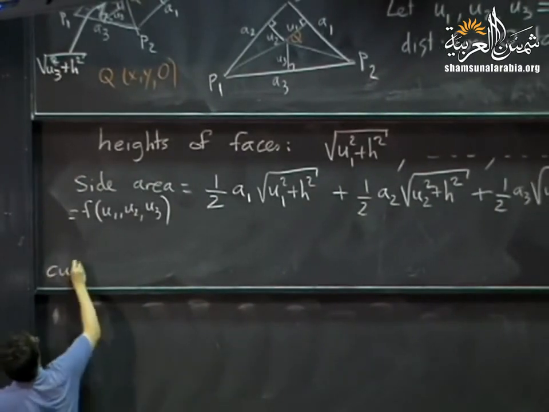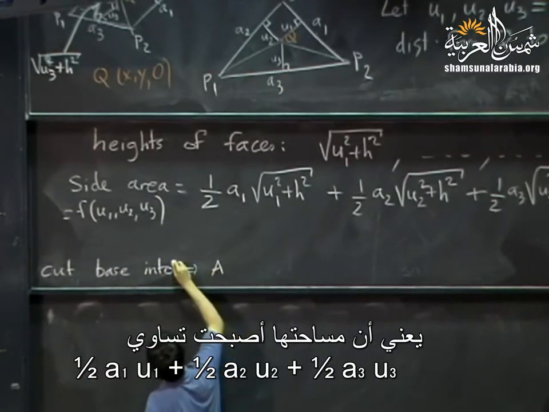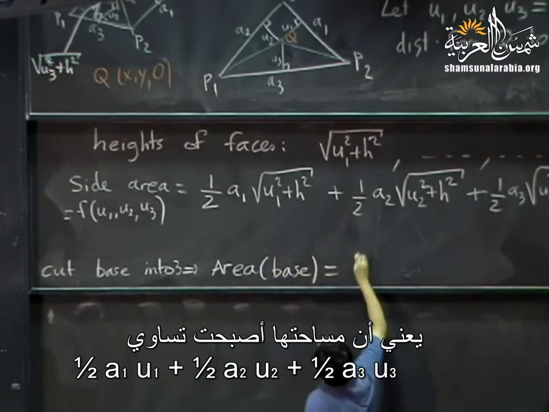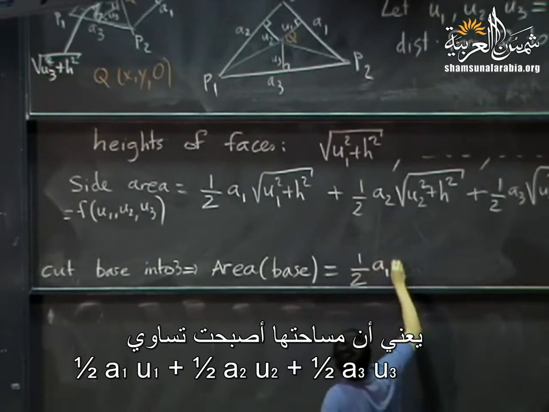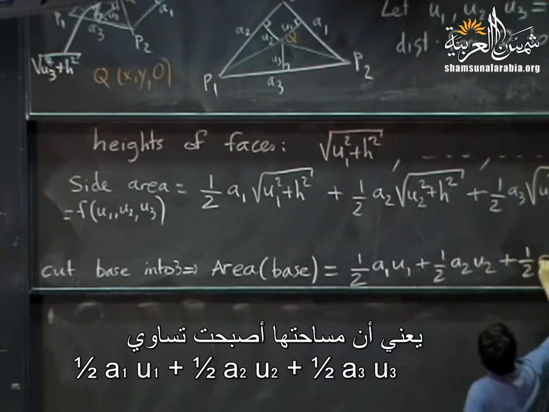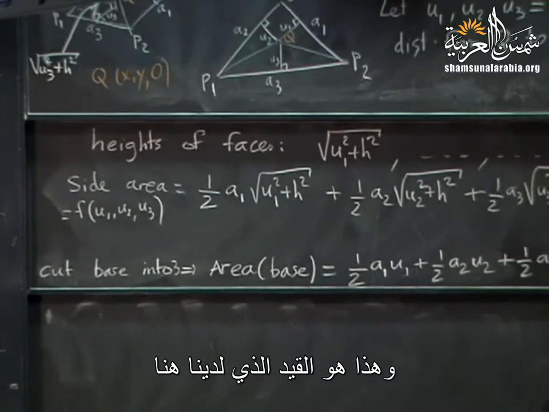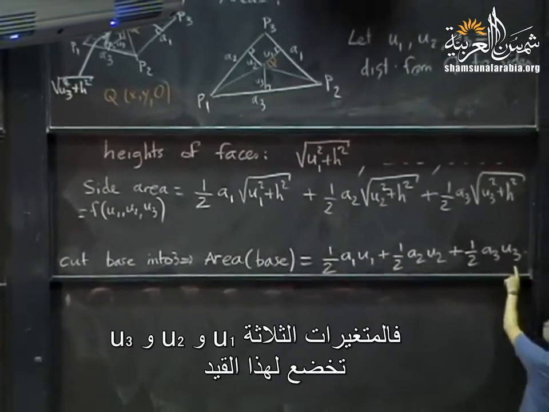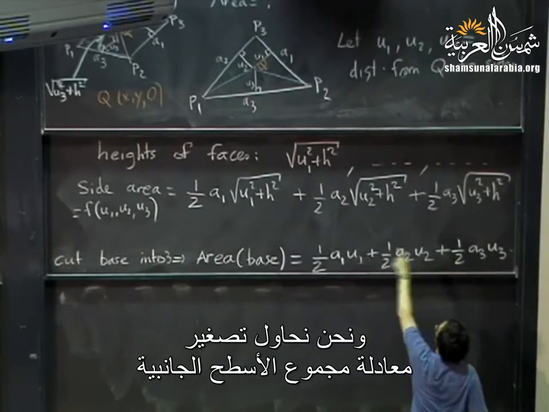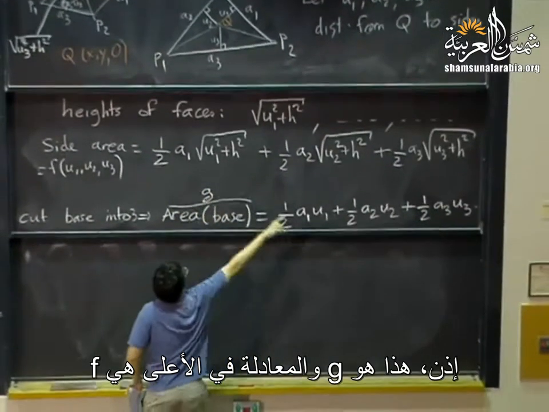So cutting the base into 3 tells you that the area of the base is 1/2 of A1 U1 plus 1/2 of A2 U2 plus 1/2 of A3 U3. And that's our constraint. Okay? So my 3 variables U1, U2, U3 are constrained in this way. The sum of these 3 guys must be the area of the base, and I want to minimize that guy. So that's my G. And that guy here is my F.